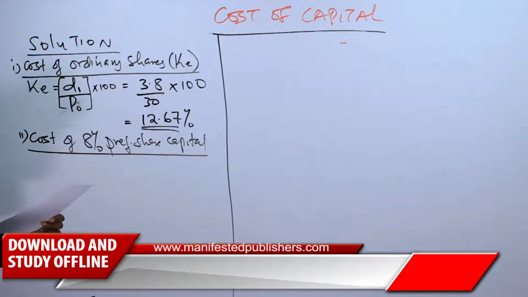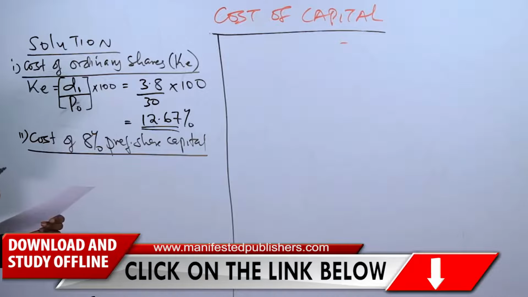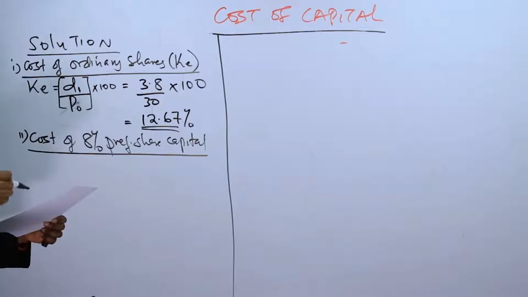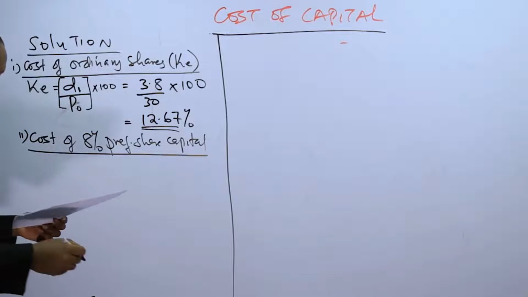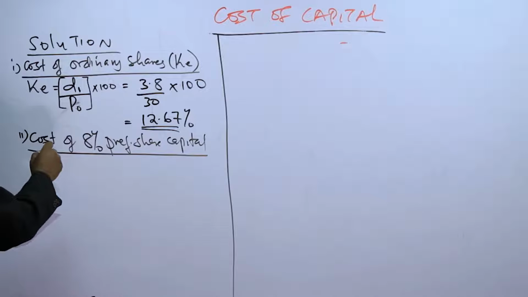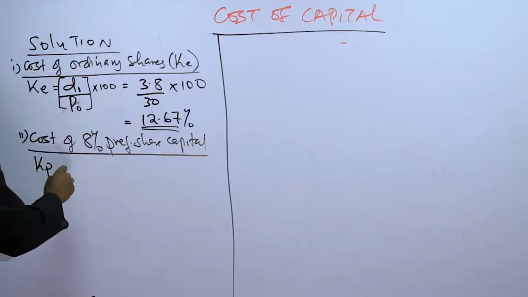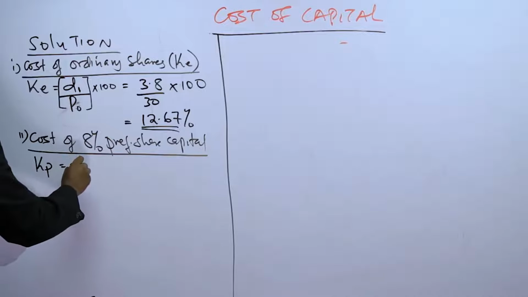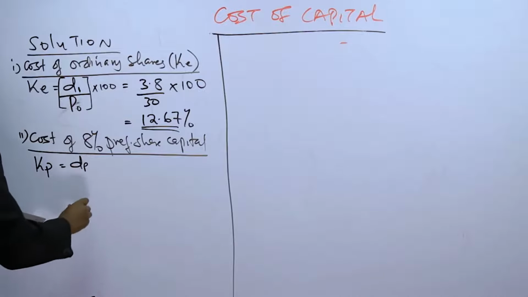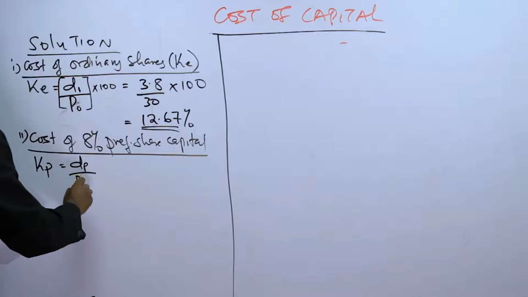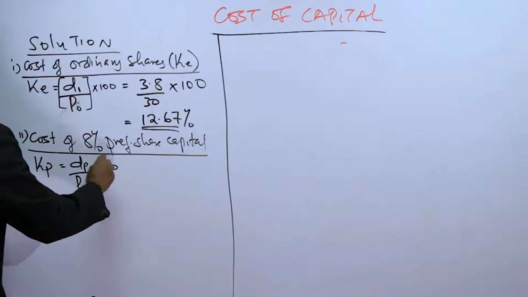These are different because for the first one, the shareholders are paid a dividend of 8% per share. The second one, 10% per share. So for the 8%, the cost of preference stock will be equal to the dividend per share, DP over P0, times 100.